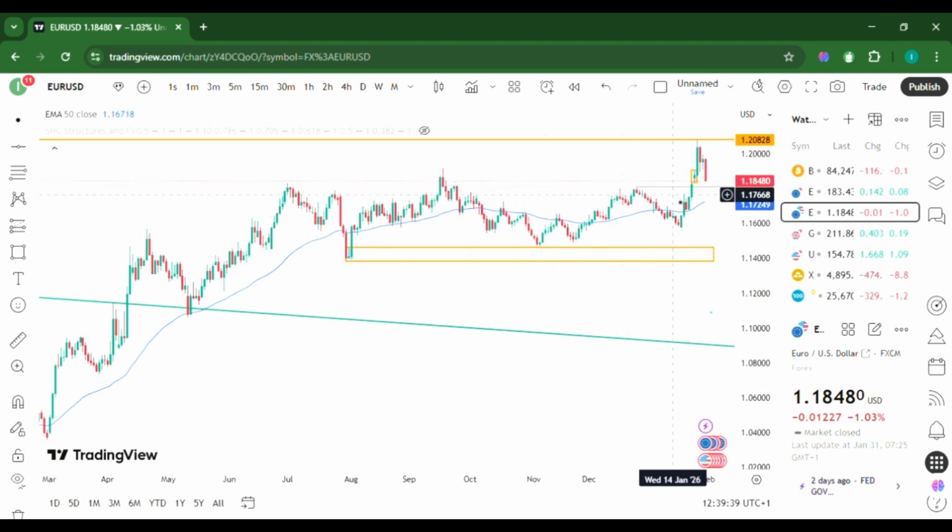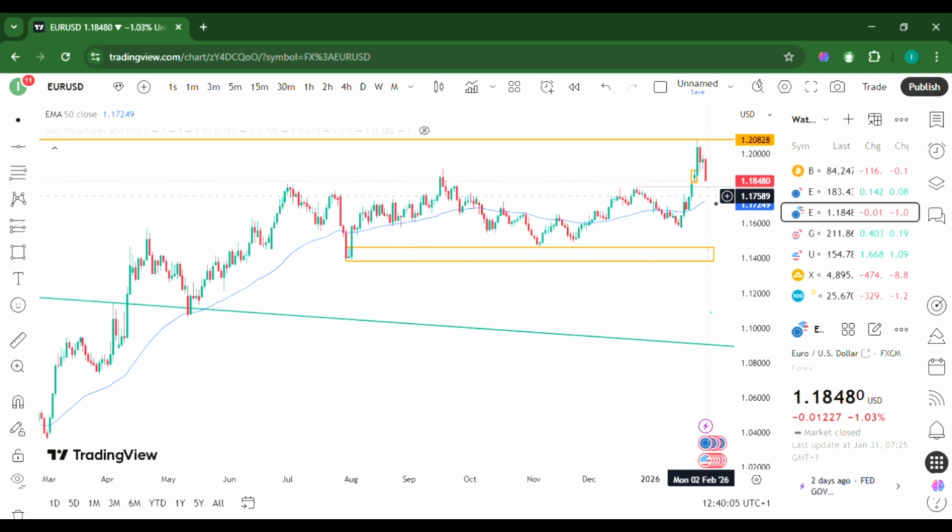It broke out from the channel, so I am looking at this as a good pullback. If price holds above this level, I will buy. That's what I'm looking out for this week. But if price does not hold above this level, then I will look for a short opportunity.